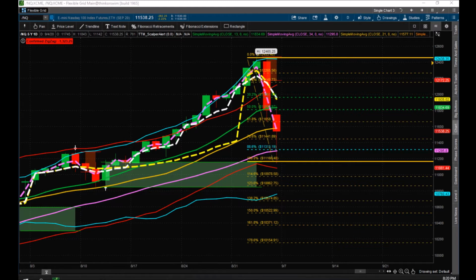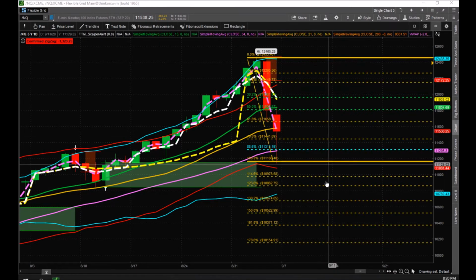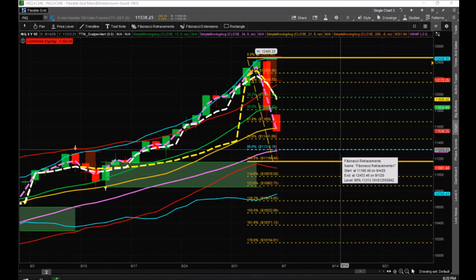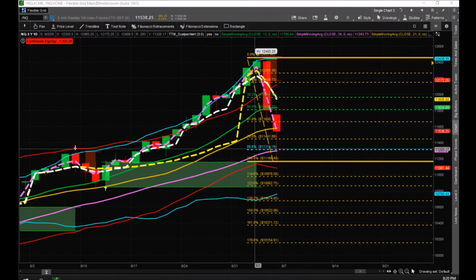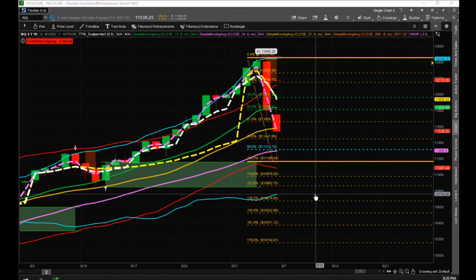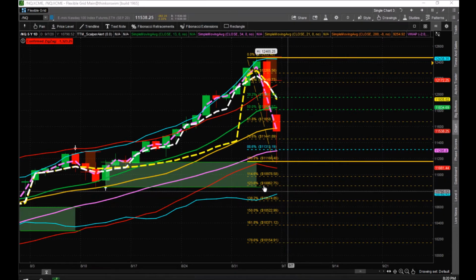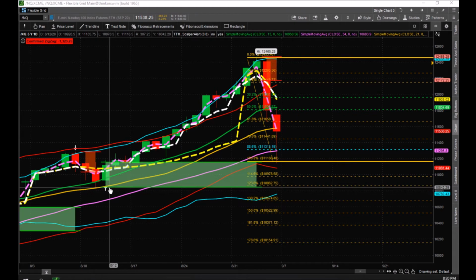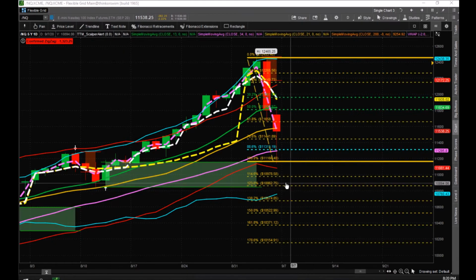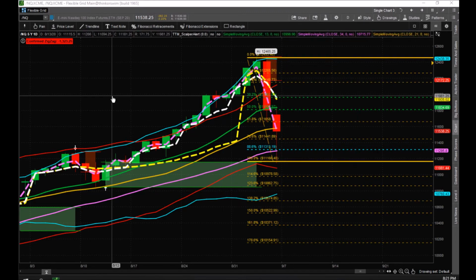If that fails to hold, which is the 300 area, then we could continue to make another low, and we'd probably test this area down here at the bottom, which is what, 10,700? Because I remember the resistance we talked about.